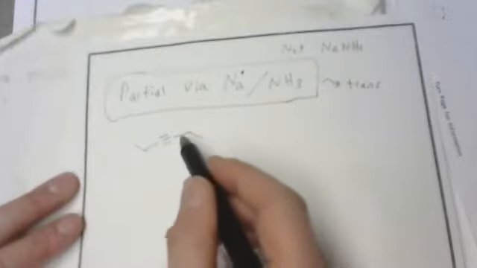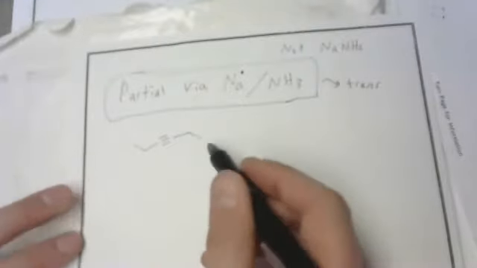All right, so let's just show an example of this, and I'll show the mechanism. I hope you guys are drawing your alkynes this way, sort of linear-like, right? Don't draw the bent alkynes that I talked about last time. It should look like a linear-looking structure here.